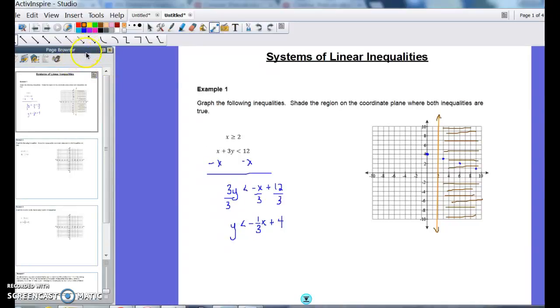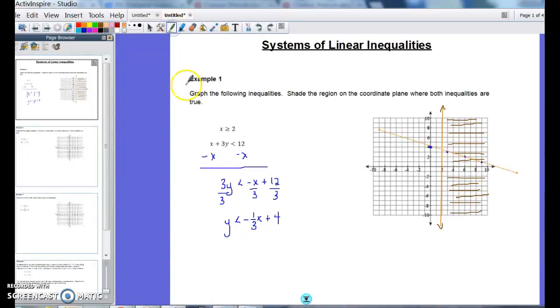So when I go ahead and do that, there's my dotted line. Now, because it's less than, I'm going to shade below, right? Greater than is above, less than would be below. So I'm shading below.